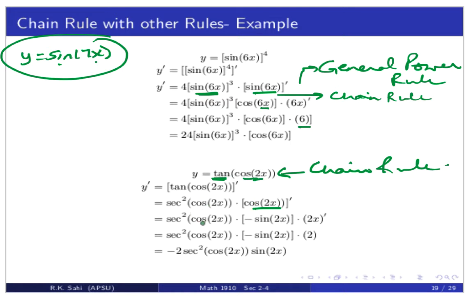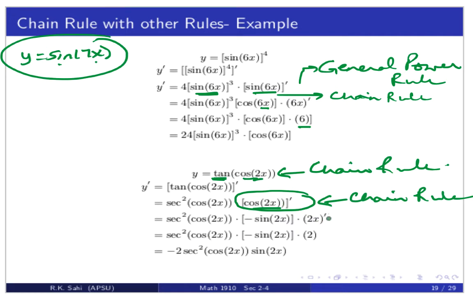So the next step, the first expression remains the same, which is secant squared cosine 2x. Now you look into the expression of cosine 2x. Once again, you have to apply a chain rule. So the outer function now is cosine, the inner function is 2x. Taking the differential of the outer function, that will be negative sine, and the inner function remains as it is, sine 2x, times the differential of the inner function, which is 2x.